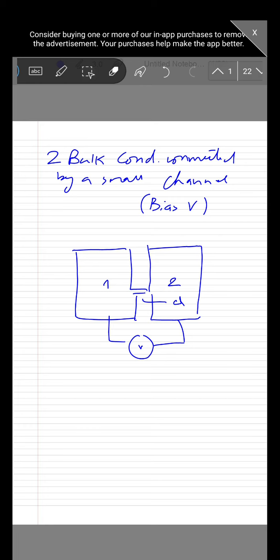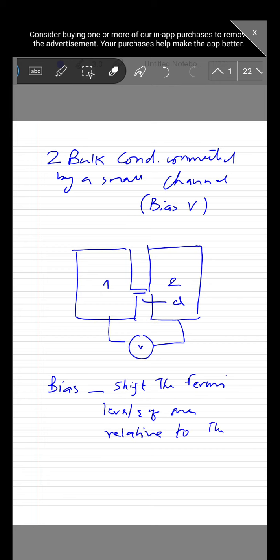Now, what will this bias do? This bias will shift the Fermi level of one relative to the other by an amount eV.